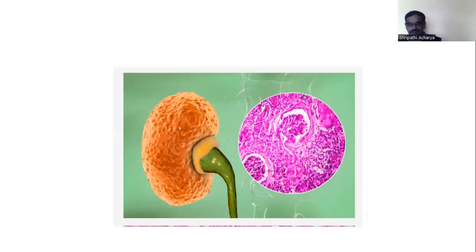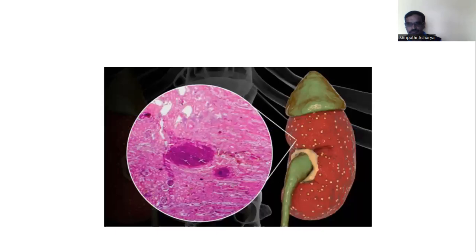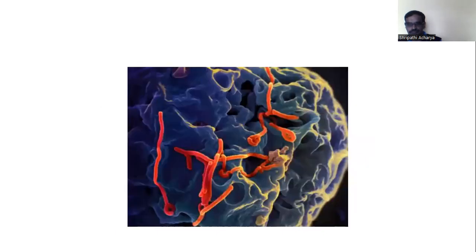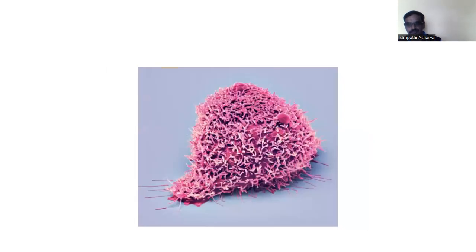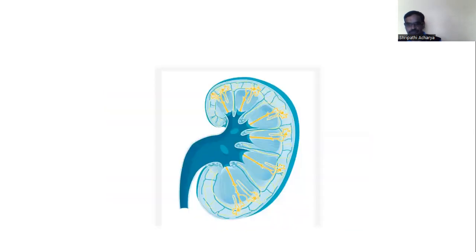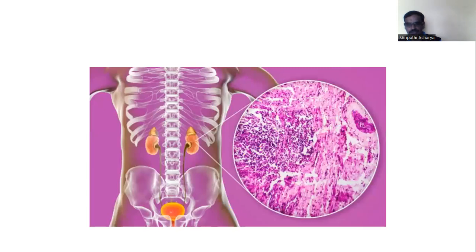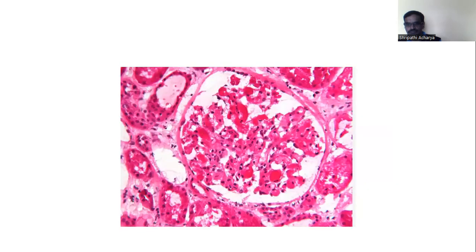There is degeneration. Sclerosis and pathologies in chronic kidney disease can be seen from the top, and you can see these changes.